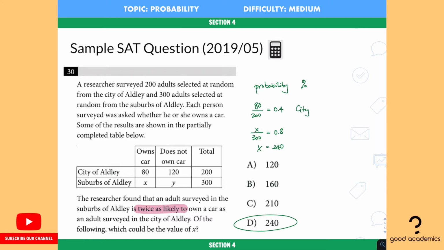When it says twice as likely, it means the percentage for the probability. So you need to find out the probability and then multiply that probability by 2. And probability is calculated by basically part over whole. That's the intent of this question. The answer is right there waiting for you. Just make sure you read this question very, very carefully.